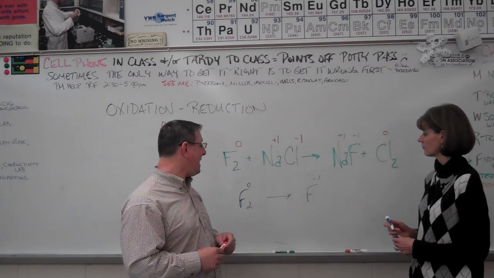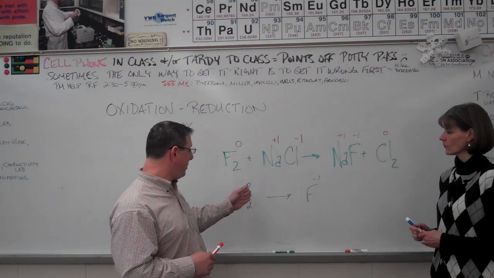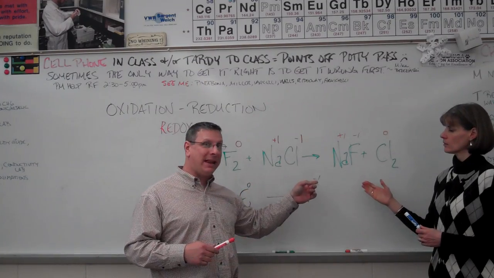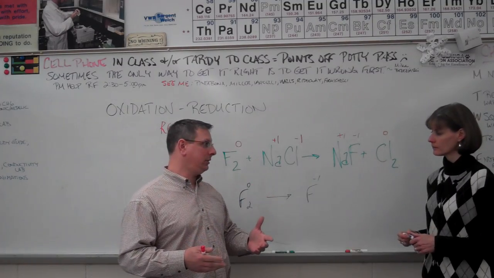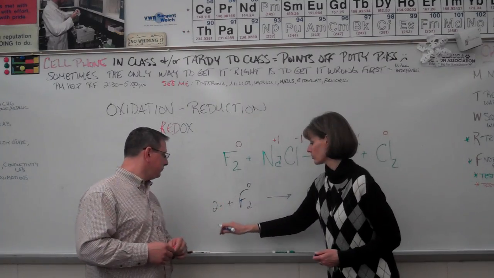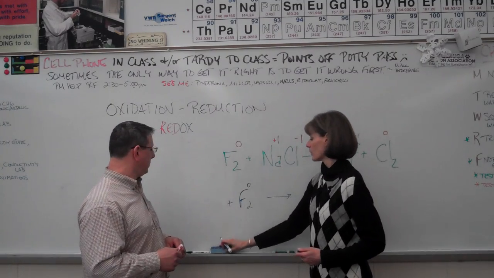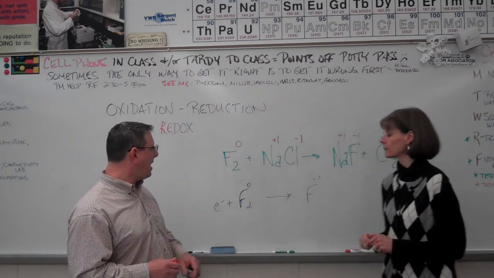Now, how did that happen to poor old fluorine? If it went from 0 and became negative, it must have gained an electron. So we could write that in. We're going to put one electron on that side, it really doesn't matter if you write it before or after fluorine.